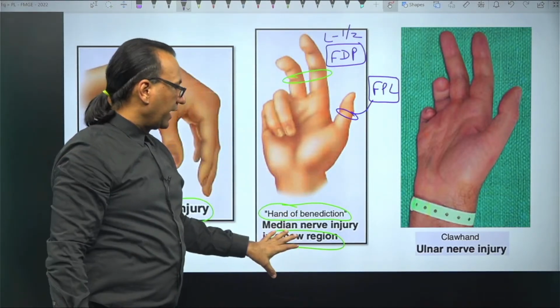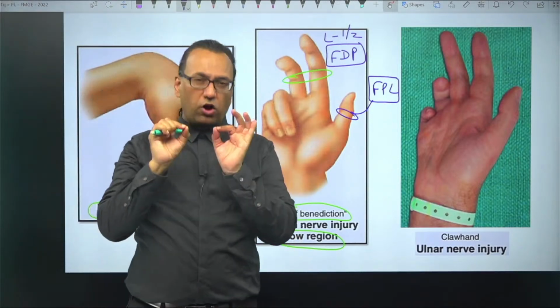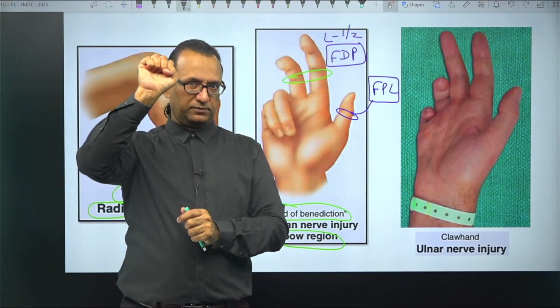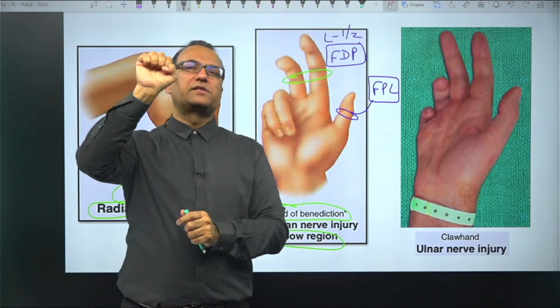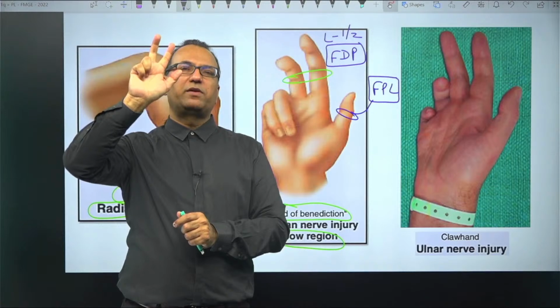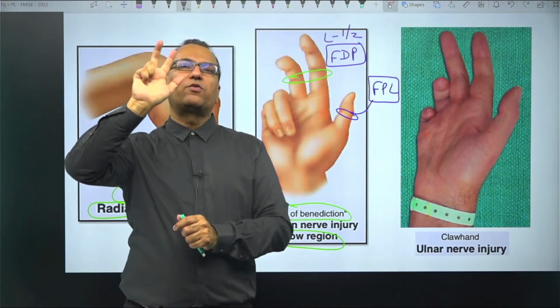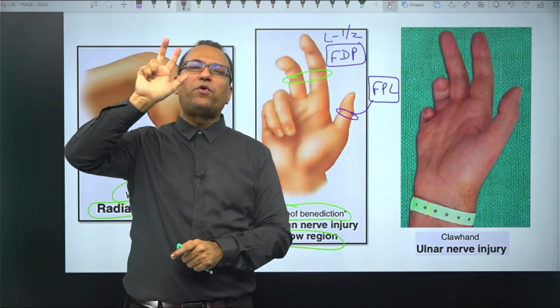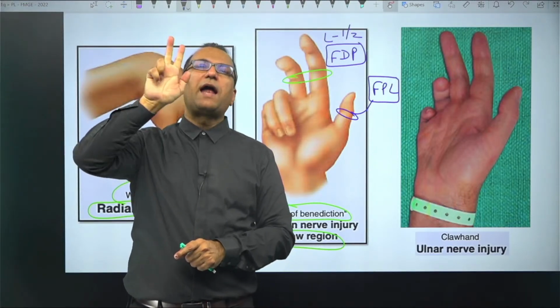In the question it will always be mentioned, you ask the patient to make a fist. But this happened. This is called hand of benediction, meaning inability to fold the thumb and these two fingers.